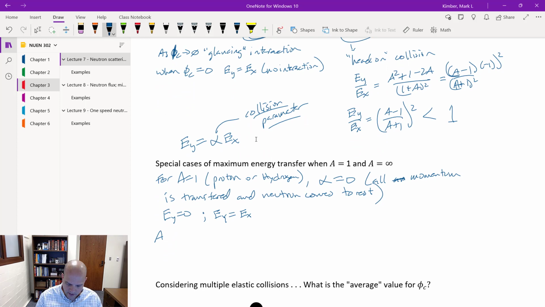And then when A is infinity, obviously we can't ever get to infinity with a mass number like that, but as we approach it, then what is going to happen to alpha is going to be equal to 1, and E_y is equal to E_x, meaning no energy loss.